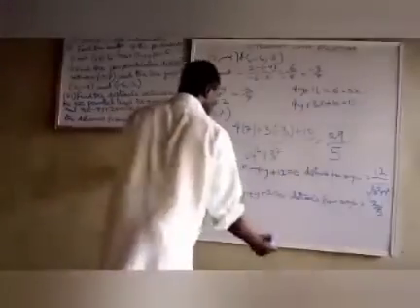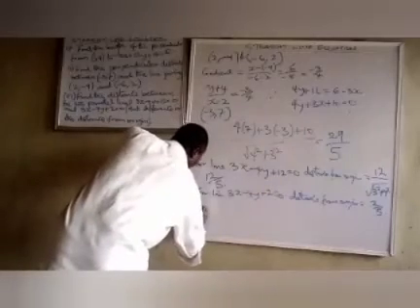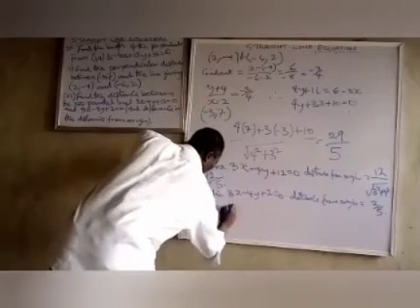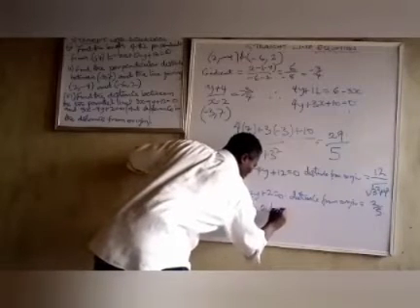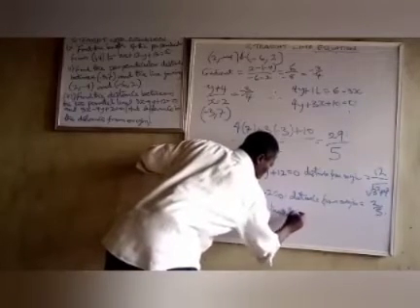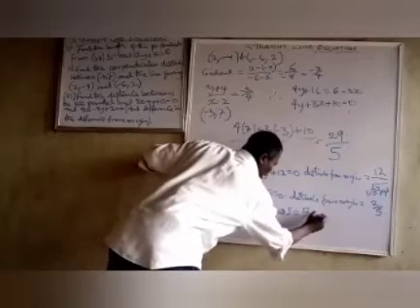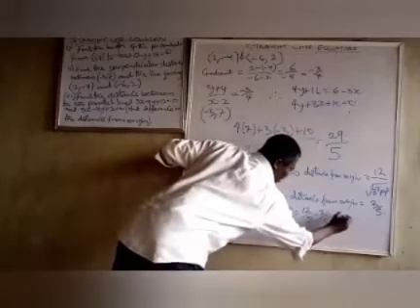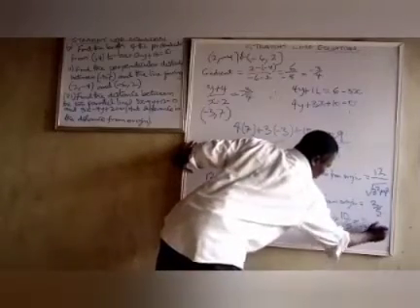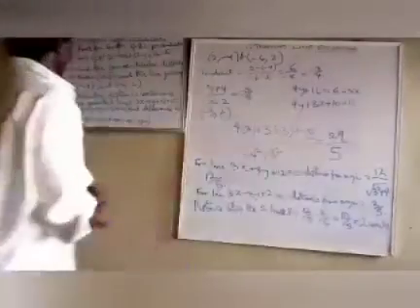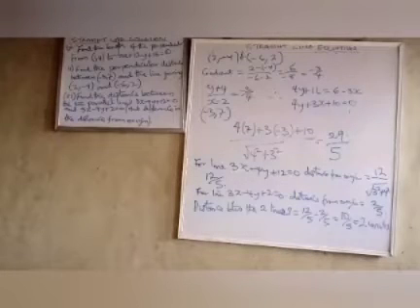So the distance between the two lines will be 12 over 5 minus 2 over 5, which is 10 over 5. That's 2 units.